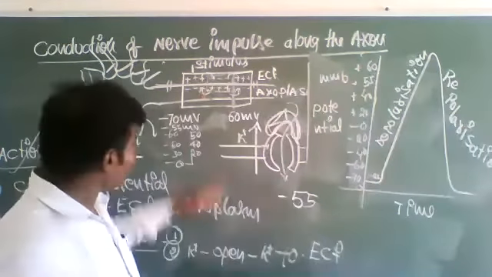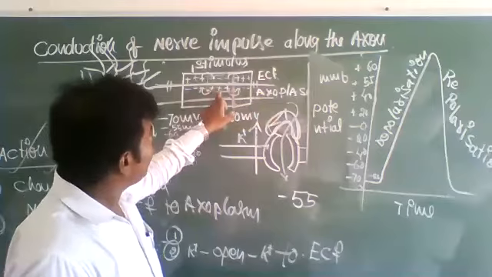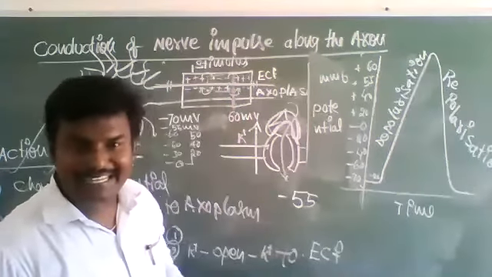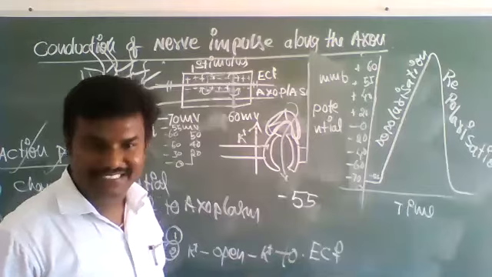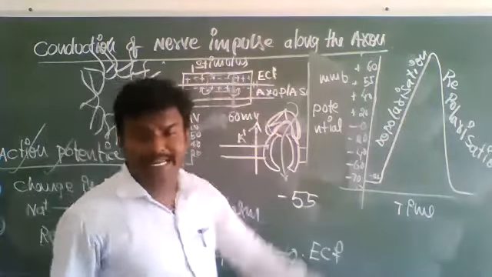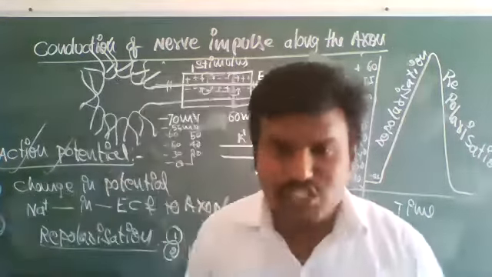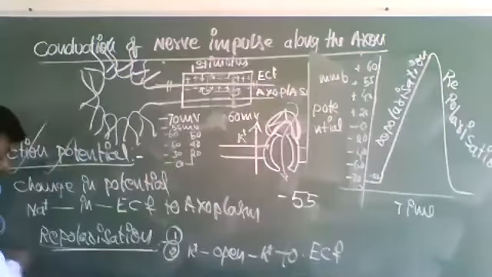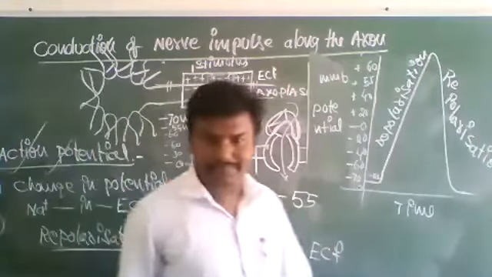Then the positive charge inside progressively decreases, and finally it comes back to the original state: inside is negative and outside is positive. This is called repolarization.